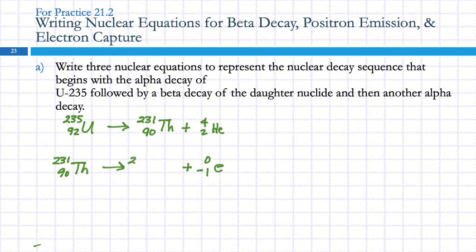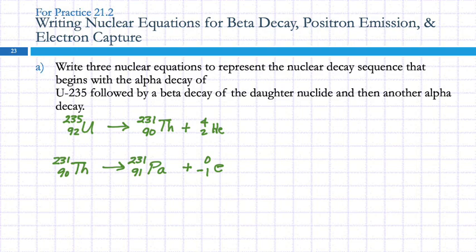So the mass number is going to stay the same. It's still 231. The atomic number is going to go up to 91, and that's Pa. So that's the beta decay.